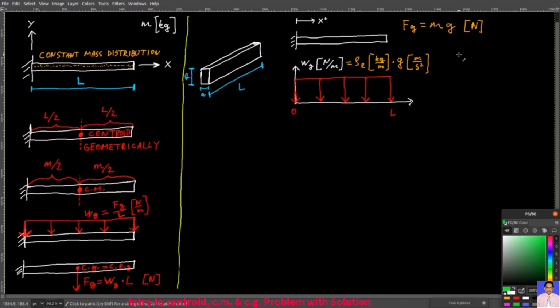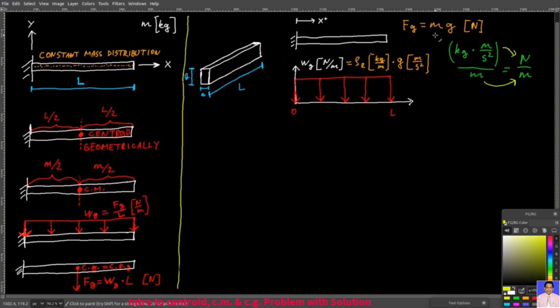You can check the units. If you multiply them together, you will have kilograms times meters over seconds squared over meters. And so it's newtons over meter. This is newtons and this is meter.